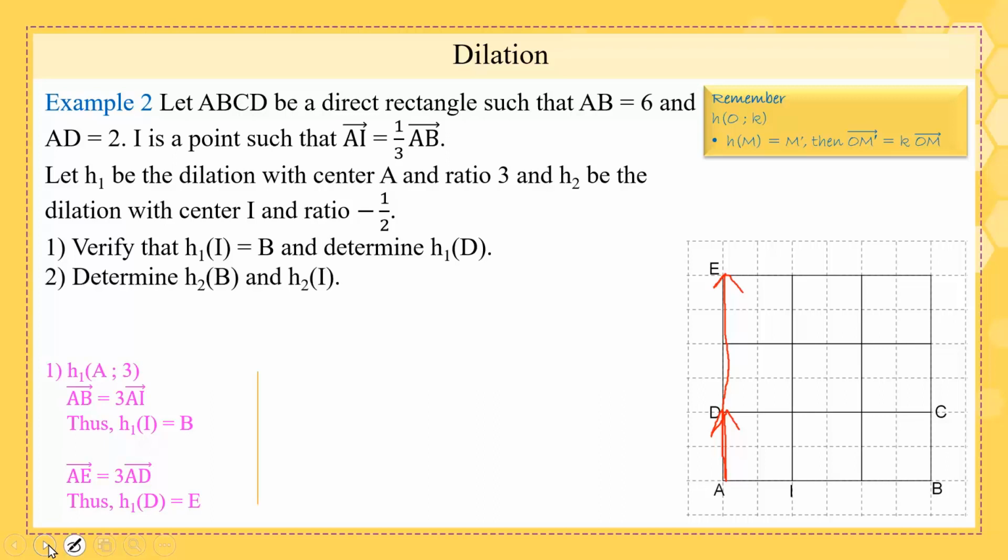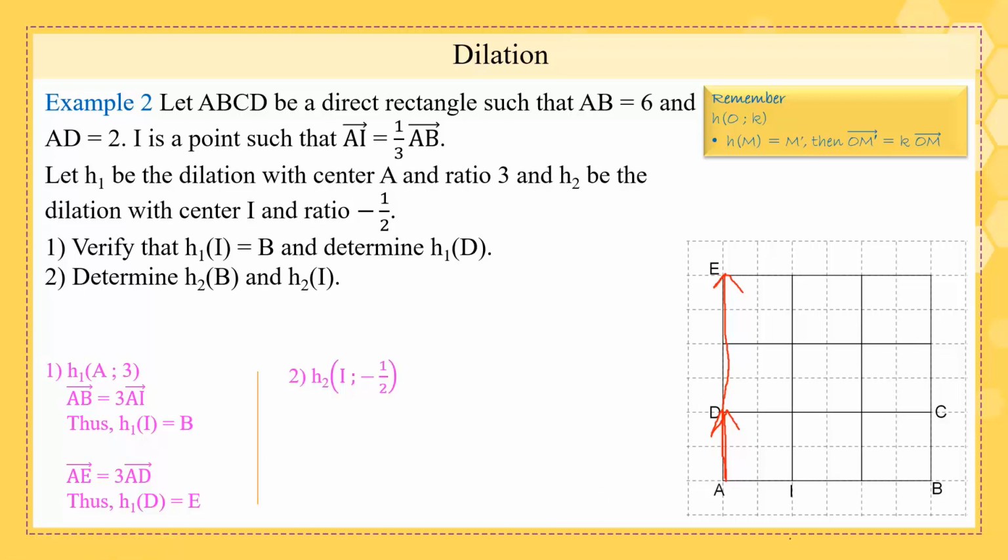The second part: determine now H2 of B and H2 of I. Before we start this part, we must remember the elements of H2. The elements of H2 are center I and ratio minus half. To find H2 of B, you must search for a point B prime such that vector IB prime equals minus half vector IB.